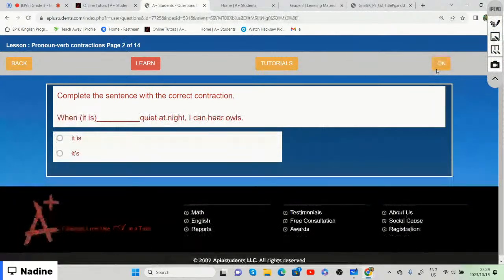All right, so when it is quiet at night, I can hear owls. We need to look at this word, it is. Is the contraction it is, or is the contraction it's?